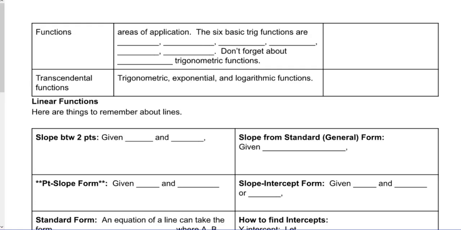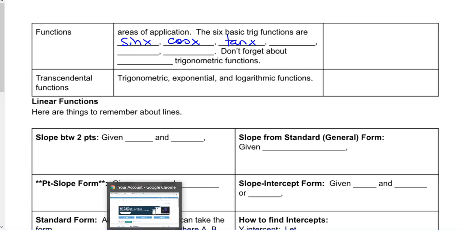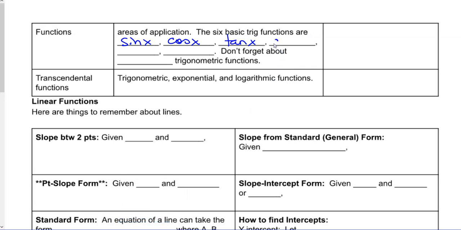The 6 basic trig functions are the sine of x, the cosine of x, tangent of x, the inverse of sine is cosecant of x, the inverse of cosine is secant of x, the inverse of tangent is cotangent of x, and don't forget about inverse trigonometric functions.